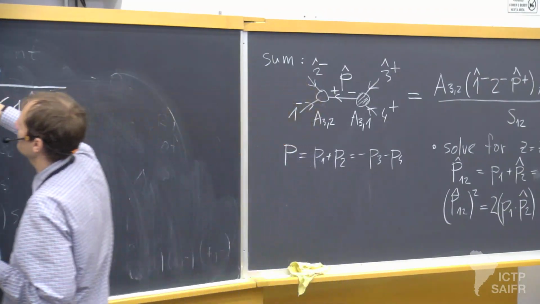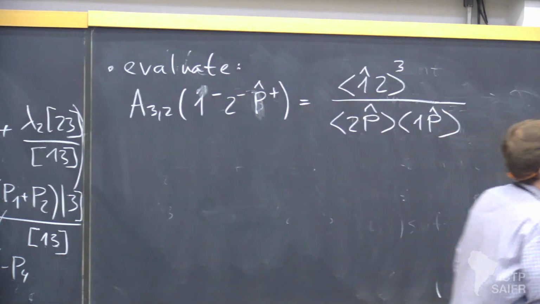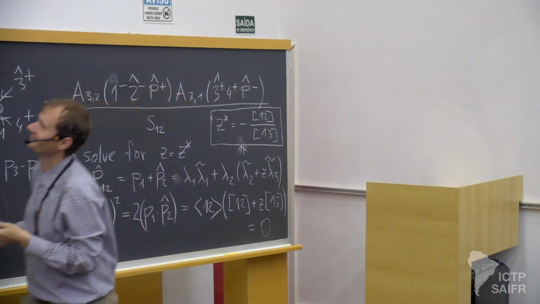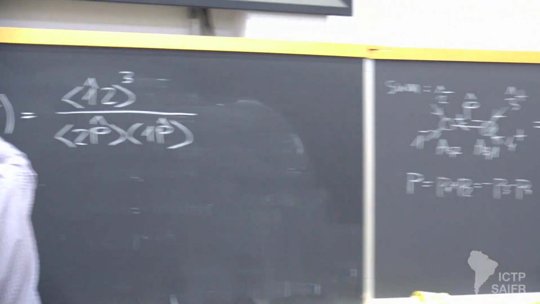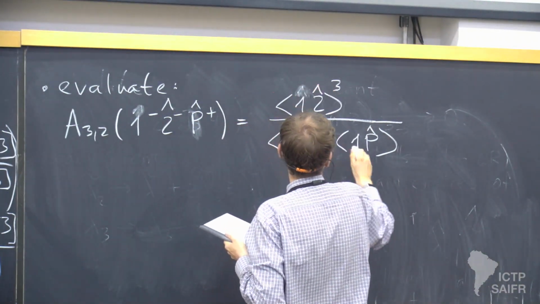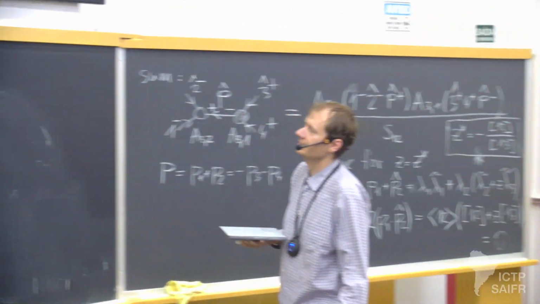Sorry, not 1 hat. Sorry, what I'm doing here. Nobody noticed I had the wrong label. This should be hatted. We did the 2 tilde shift, so this is hatted. Okay, things are hatted correctly now.